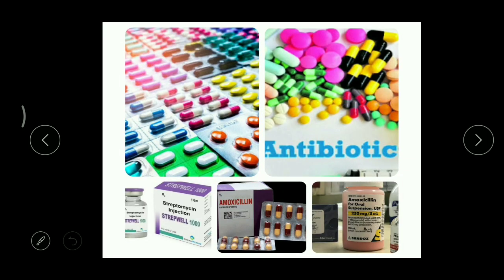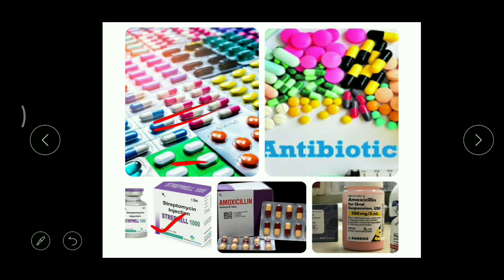Now let's come to the next topic. Observe this picture very carefully, and here we can find different types of antibiotics which are available as capsules and tablets like this. Some are available as emulsions also, like a liquid.